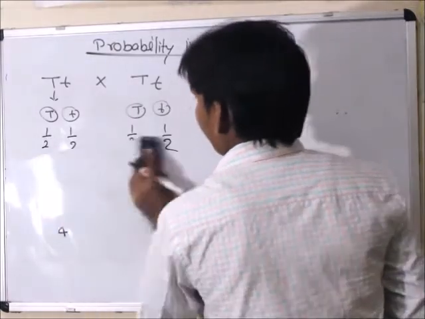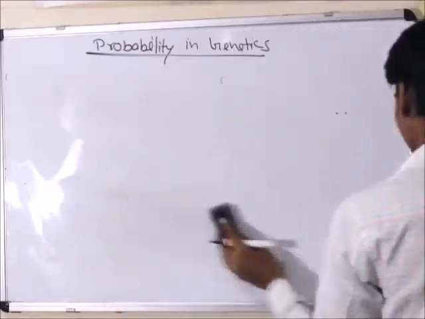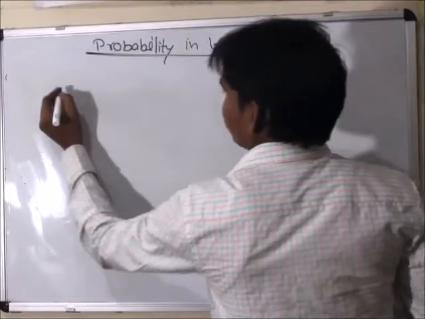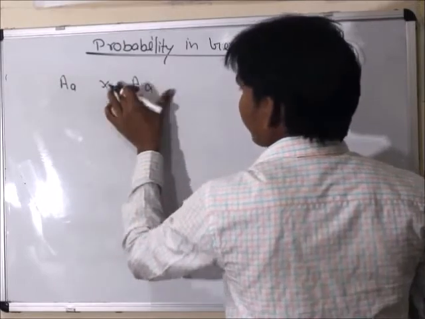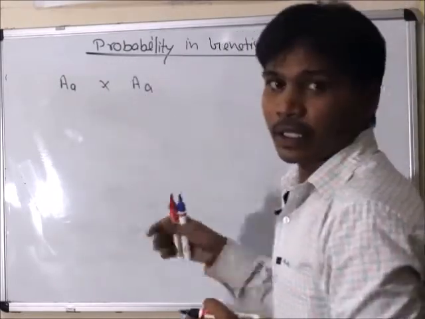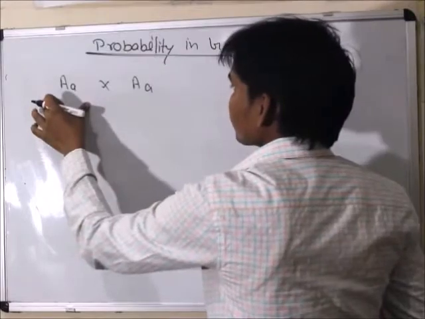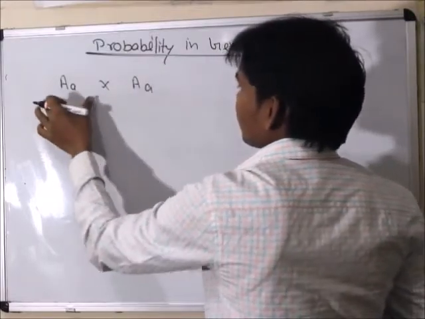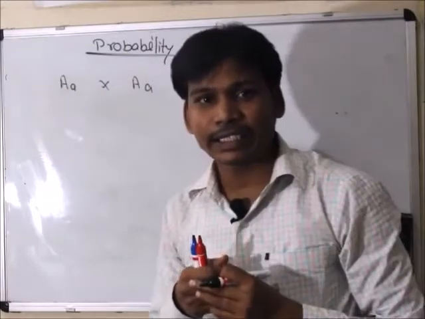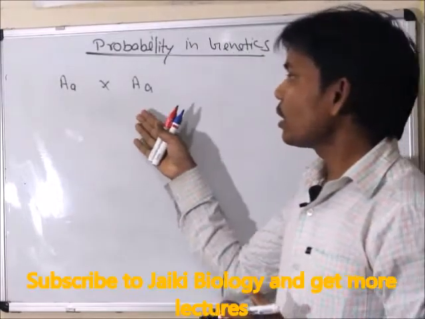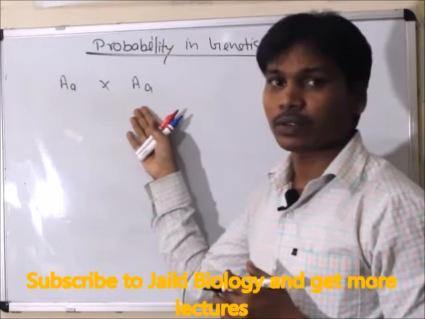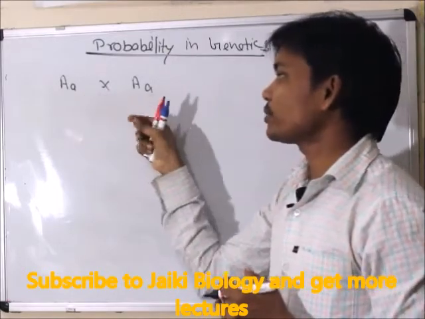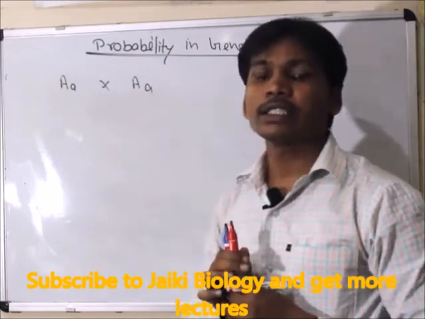Okay, again you will see. For example, capital A small a crossed with capital A small a, the heterozygous condition, with albinism as the trait. Albinism is a disease that appears in the homozygous recessive condition; when small a is present in both alleles, the disease appears.